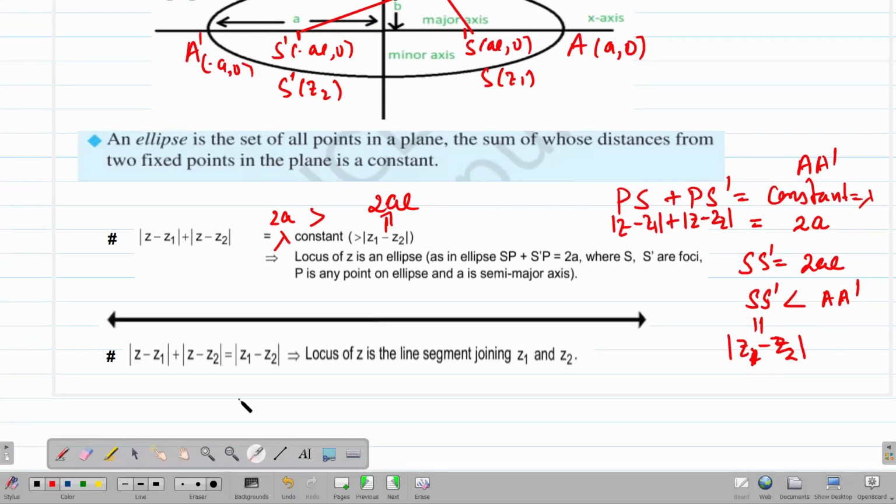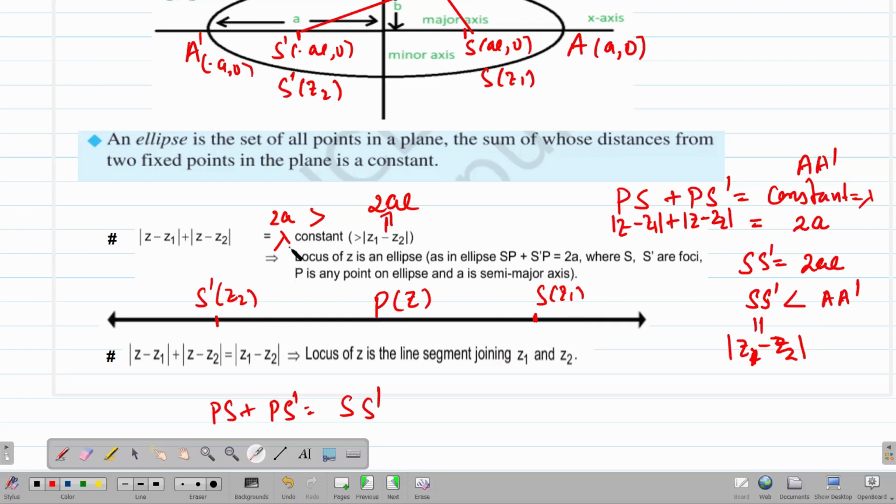But if this point P is my z, S dash is my z2 and S is my z1, and suppose PS plus PS dash is equal to SS dash, then the locus of z is a line segment joining z1 and z2, where z lies in between S and S dash.